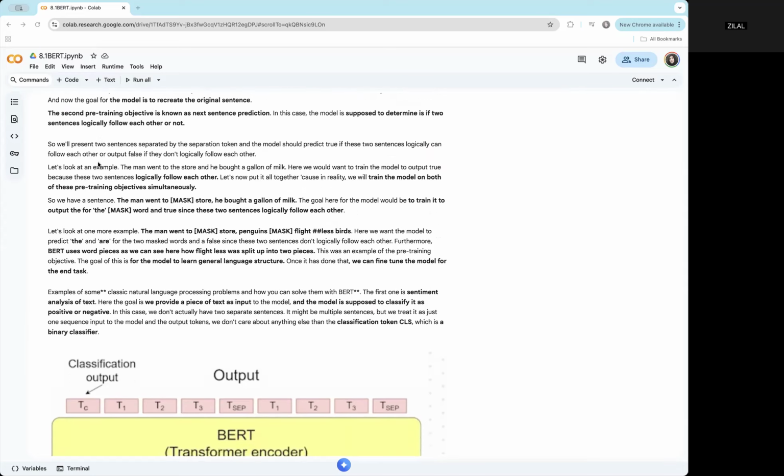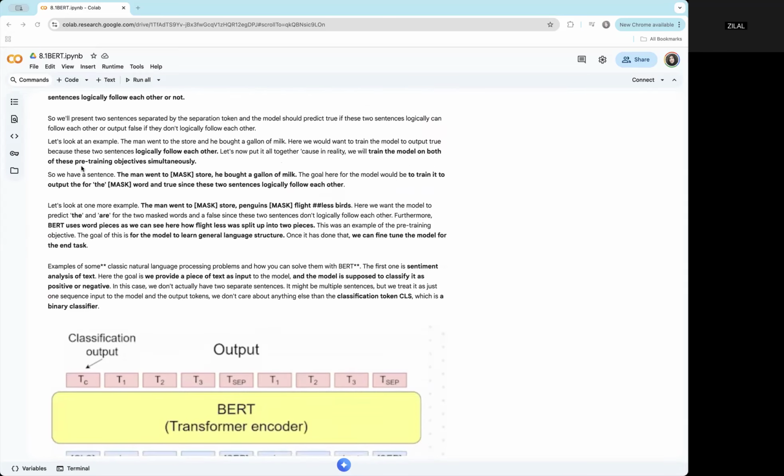The second pre-training objective is known as next sentence prediction. In this case, the model is supposed to determine if two sentences logically follow each other or not. We will present two sentences separated by the separation token, and the model should predict true if these two sentences logically can follow each other, or output false if they don't.